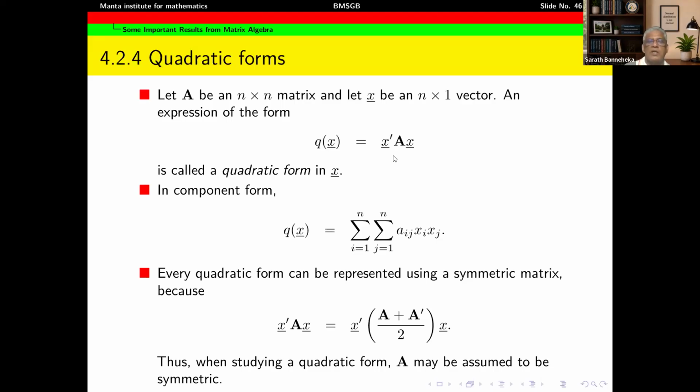Because it's symmetric, A can be written as A plus A dash divided by 2. That will happen only if A is a symmetric matrix. So that is the representation. It doesn't say that the quadratic form is equal to an A, but it can be represented using a symmetric matrix.